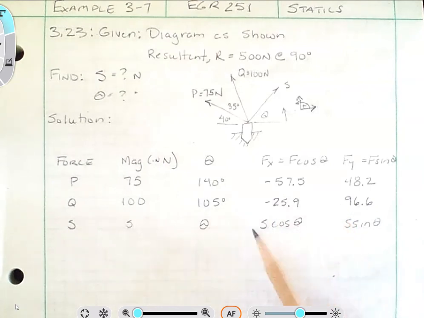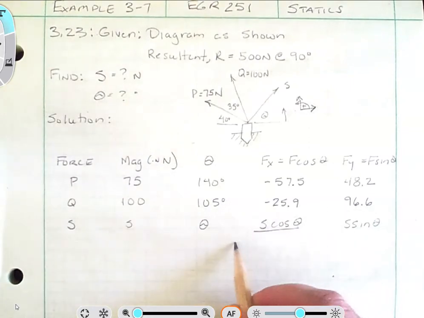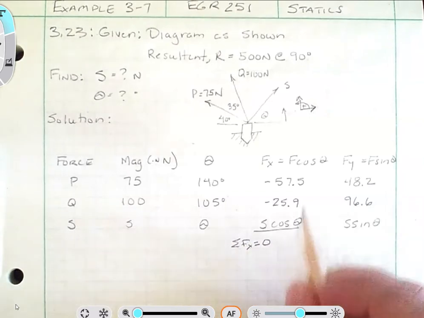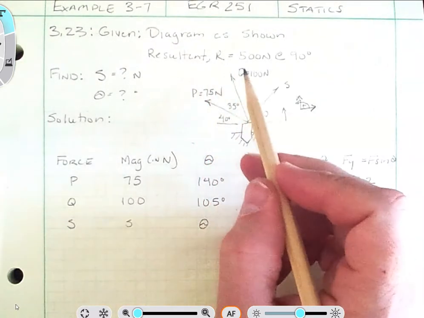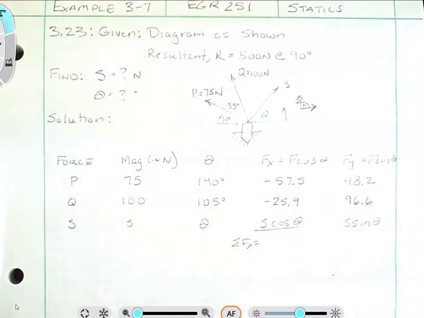Okay. One thing that's kind of nice about S is that it is in the first quadrant, so we don't really have to worry about signs and things like that. So in terms of setting these up, we know that they have got to sum in terms of X to 0, and keep in mind they're going to sum to our resultant, skipped a step, Rx.